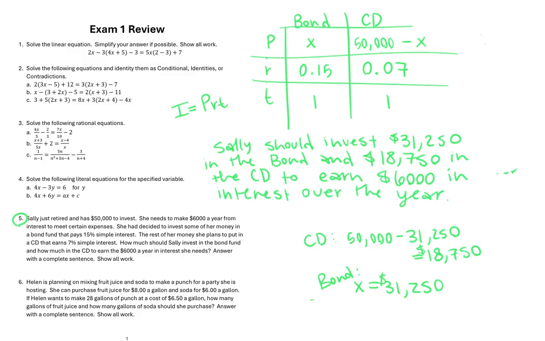Awesome. And that's maybe a little bit more wordy than you need. You could probably just stop at: Sally should invest $31,000 in the bond and $18,000 in the CD. Yeah. Okay, great job.